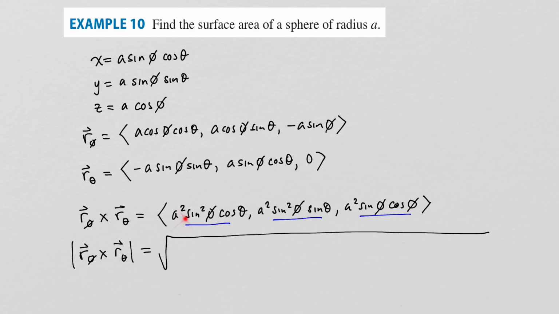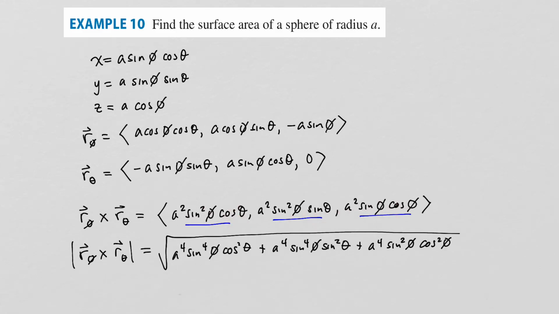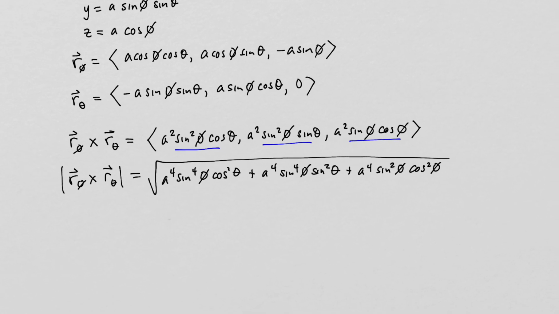So if we square this, we're going to get a to the fourth, sine to the fourth, cosine squared, etc. And let's go ahead and write that down. And now with this expression, we can factor out a to the fourth out of all three, and we'll pull it outside the radical, so that is going to become an a squared. And then on the inside, we can factor out some things as well.